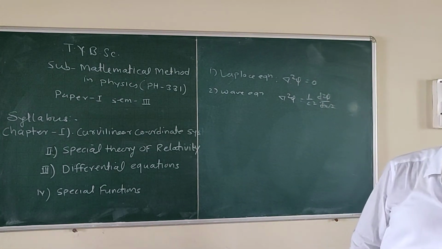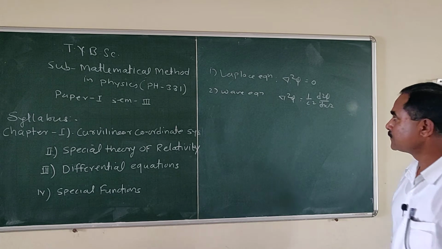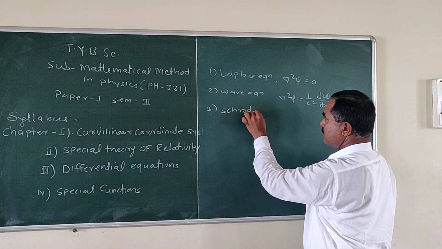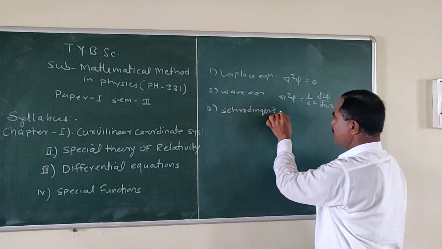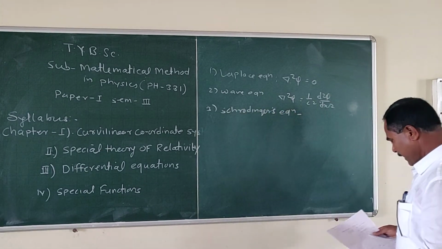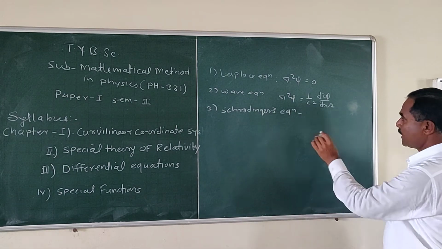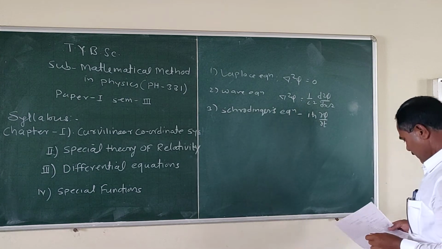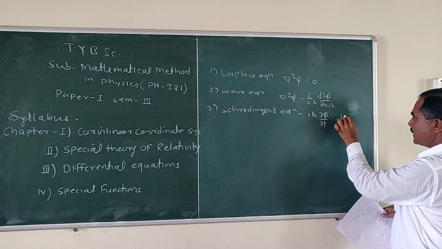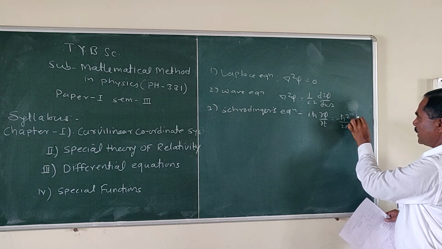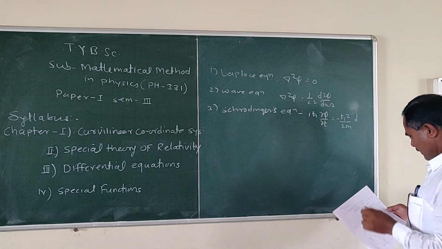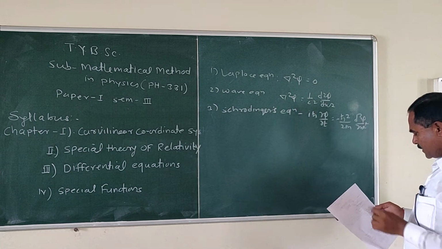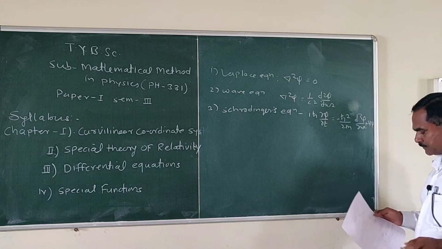The third equation is Schrodinger's equation, and its form is i h cross delta psi by delta t equal to minus h cross square upon 2m d2 psi by dx square plus V psi.